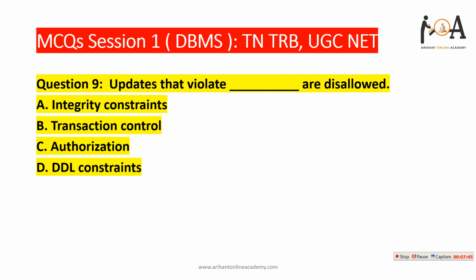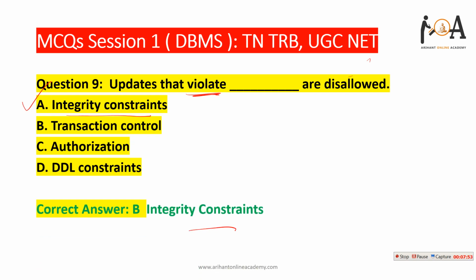The next question is, updates that violate integrity constraints are disallowed. Option A is the right answer. Basically integrity constraints are some kind of rules used in DBMS, right? If you are also eager to know what integrity constraints are, then please comment in the comment section, and I will make a lecture for that. If you are interested, I will make a complete lecture on important keywords and important rules of DBMS, right?